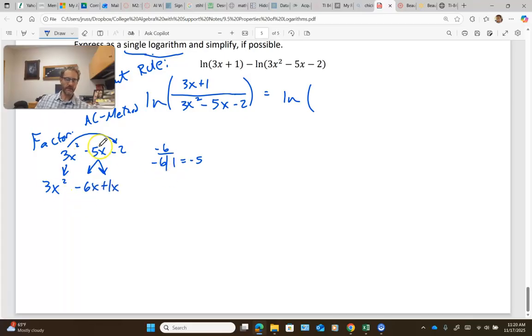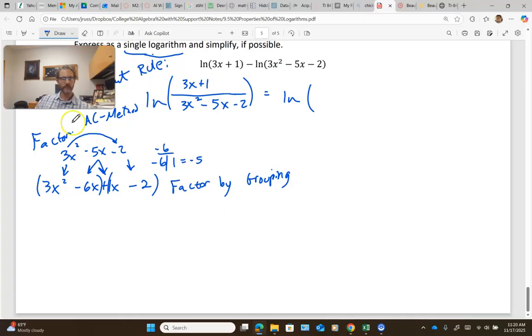And that's still negative 5x, and then you drop down your last term. And now, because you've got exactly 4 terms, you factor by grouping. So this problem is just as much an exercise in factoring as it is anything.